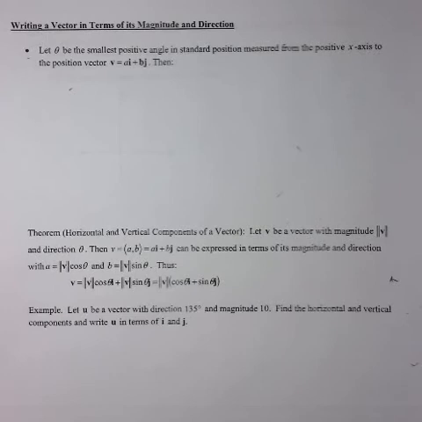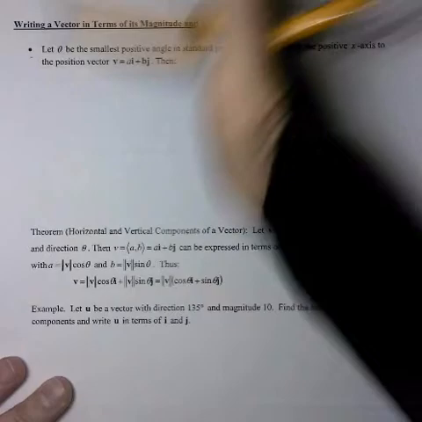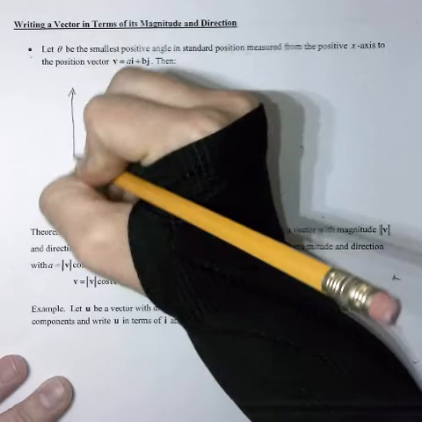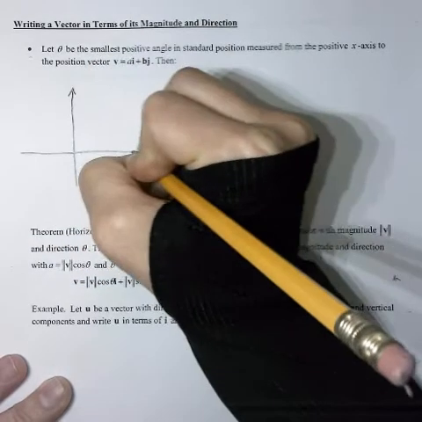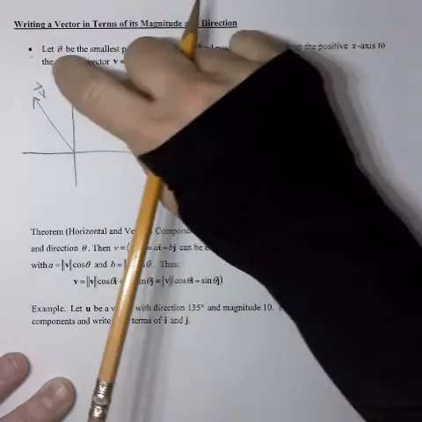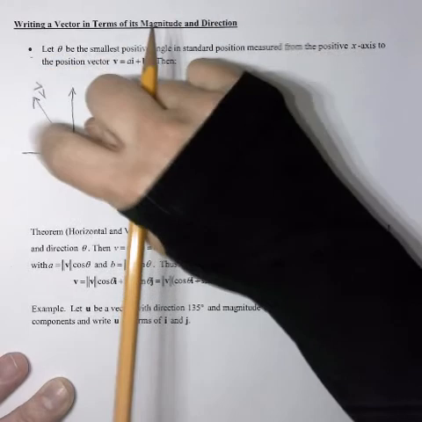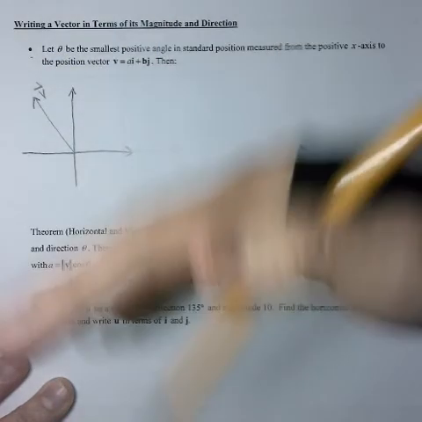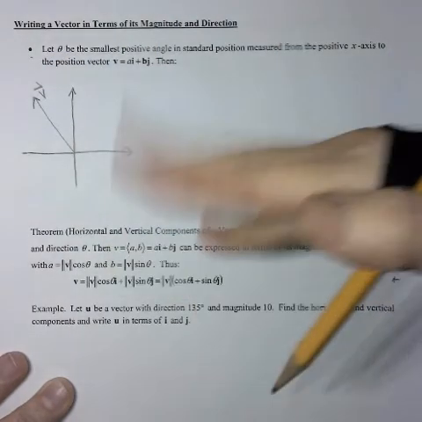So if we look at a vector in standard position, and I'm just going to draw this vector here, call it v, we will refer to its direction, of course, and that can be referred to in different ways, like I talked about.